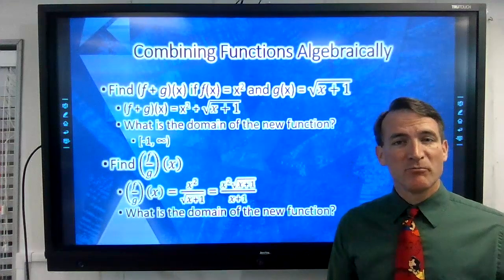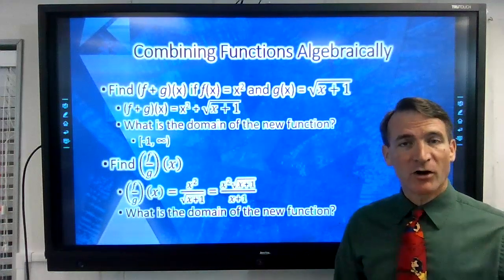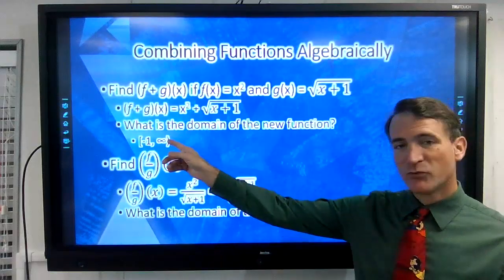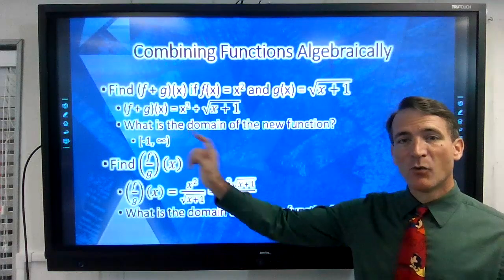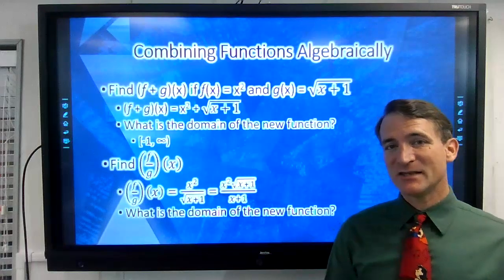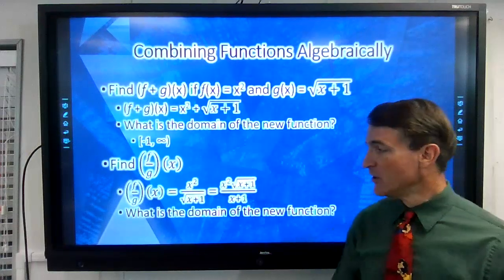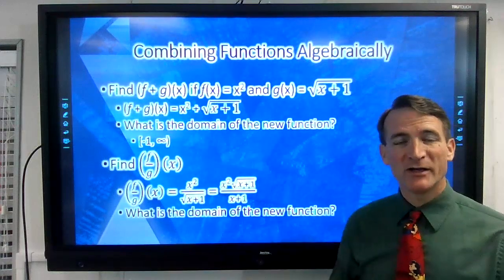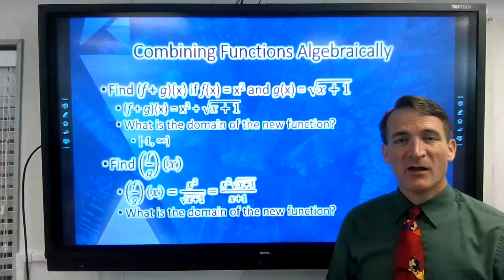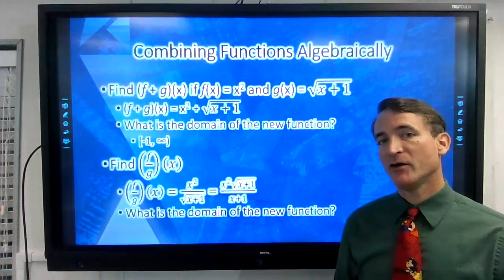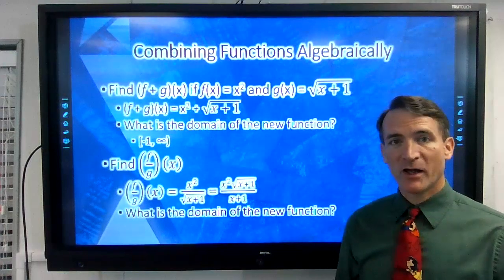Now, what is the domain of our function? Our new function has a domain that is very similar to what we had before, but one notable exception. If you remember, when we're dividing, we cannot have a 0 in the denominator. So if I set this value right here, the square root of x plus 1, equal to 0, the only value that it would now exclude would be the actual value of -1 for my x.